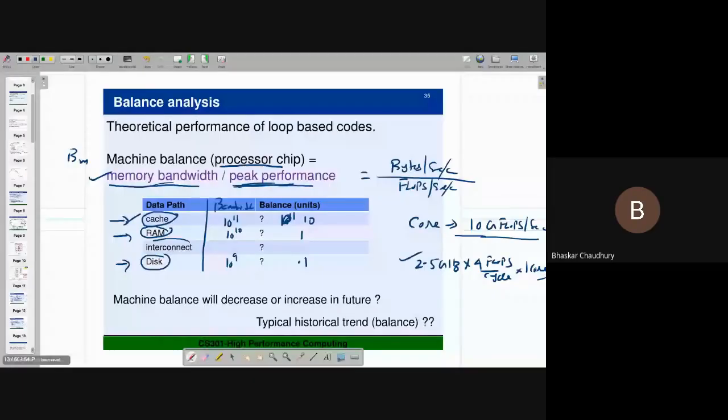Now, look into the importance of this number. It very much depends on from where you are fetching your data. Suppose you are working on some code, and let's assume the code balance of that code, whichever code you are working on, is 1.